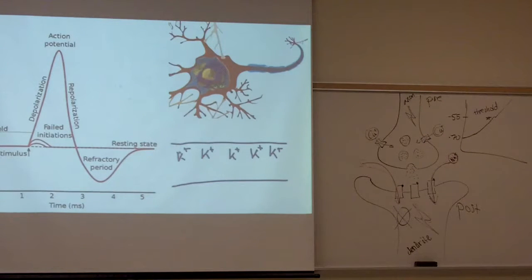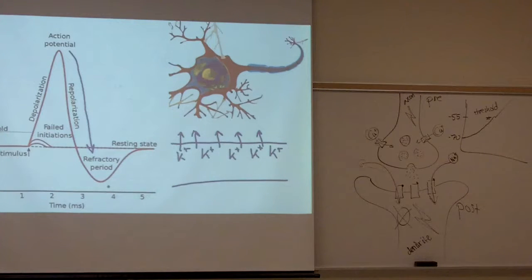When voltage-gated potassium channels open, potassium can now leave the cell. So we have a lot of positive leaving the cell, and what that is going to do is cause repolarization, where the membrane potential is going down.